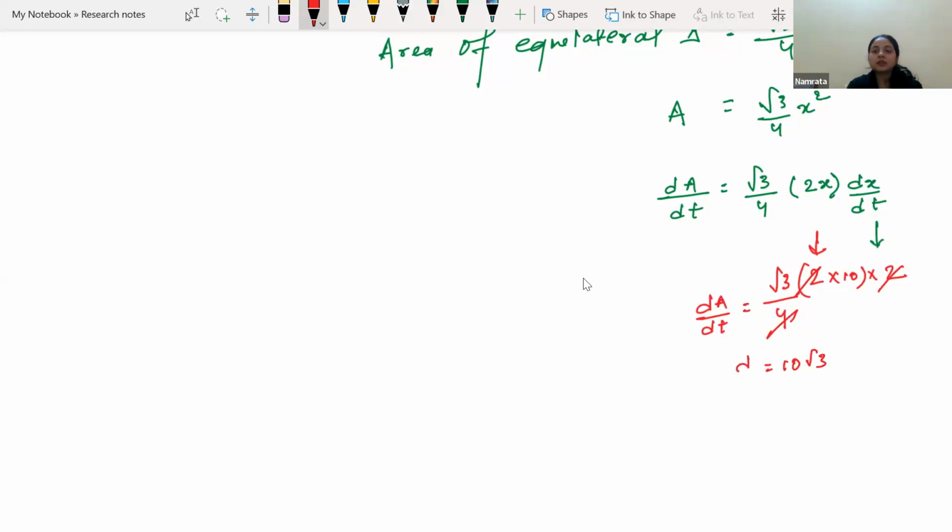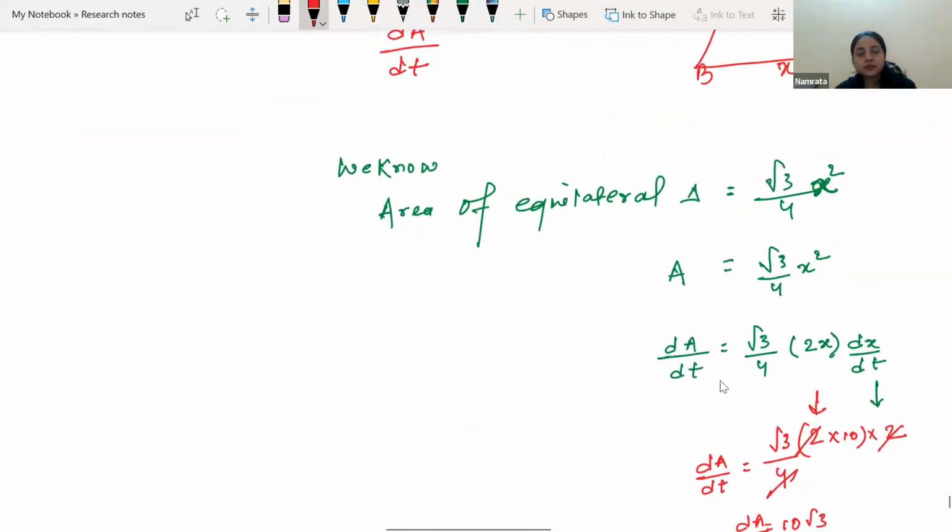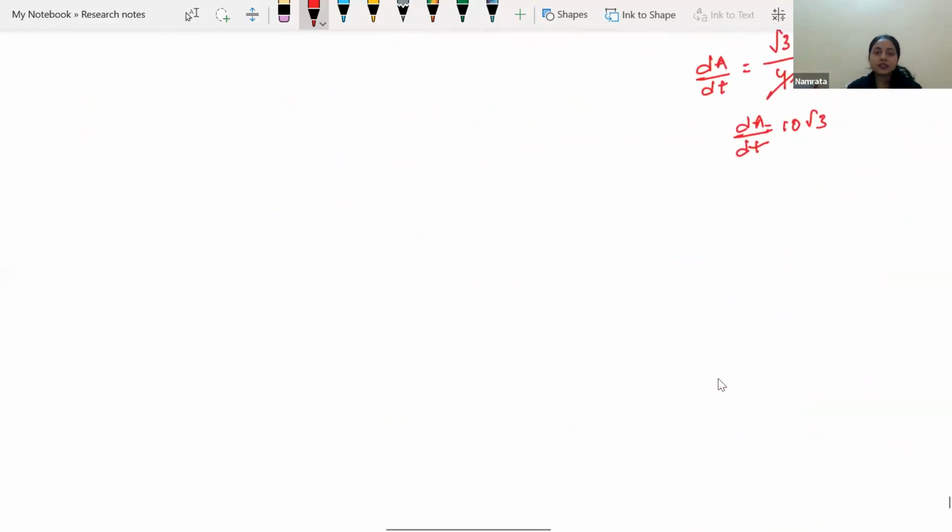This is the rate at which area will increase. Okay, it was simple. Let's move ahead. Let's take another question.